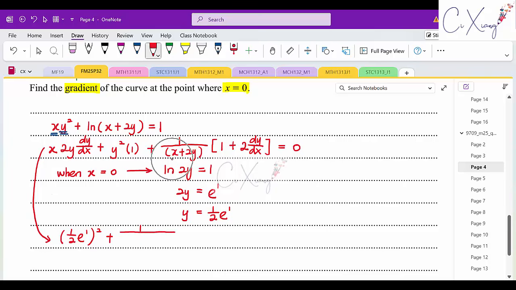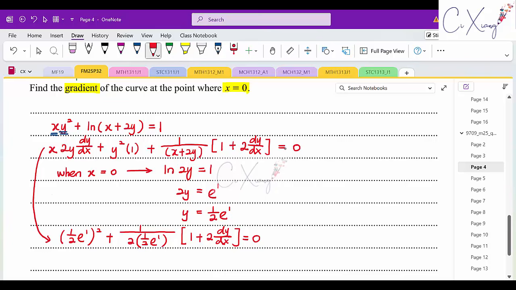Here x is a 0, so you don't write anything, but you're having 2, then y is half e power 1, then multiplied with 1 plus 2 dy dx, and it equals to 0. This step is where we substitute all the values for x equals to 0 and y equals to e power 1 over 2 into my differentiation equation just now.